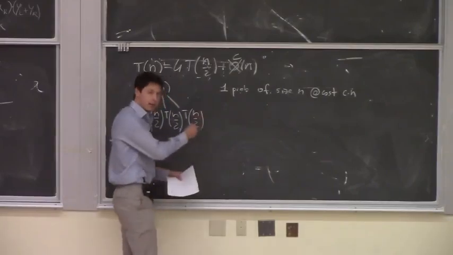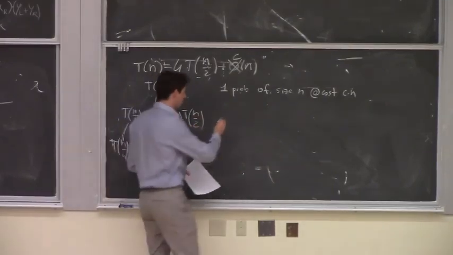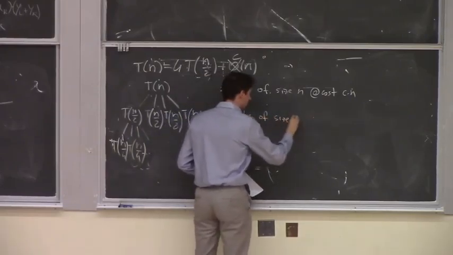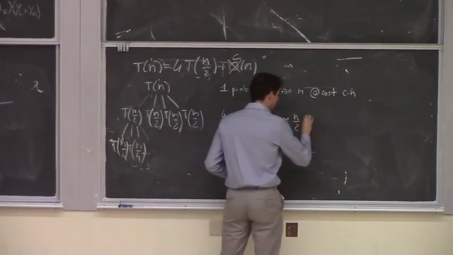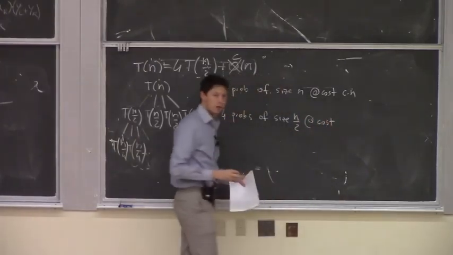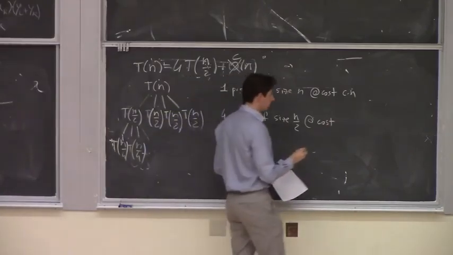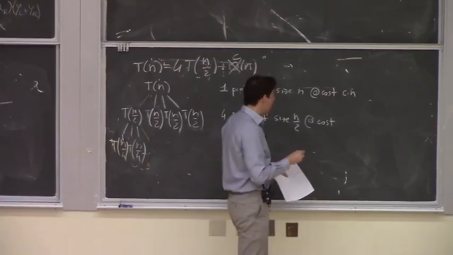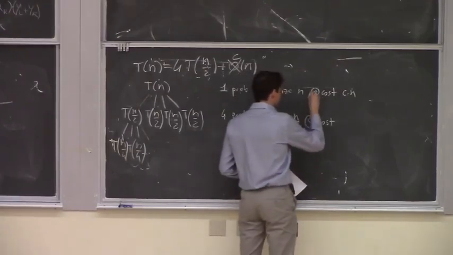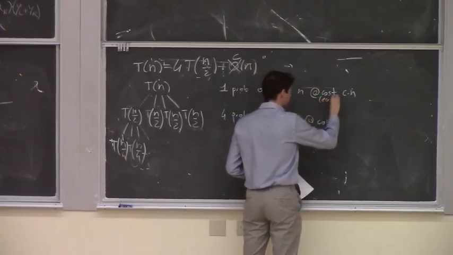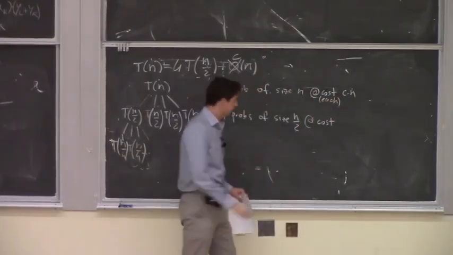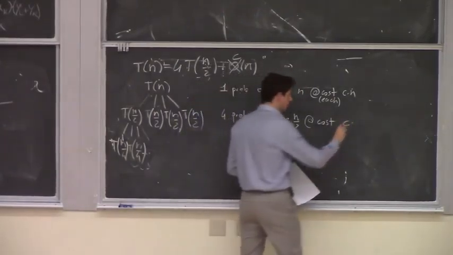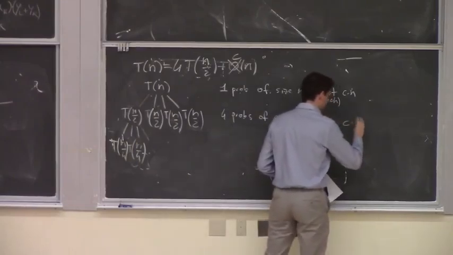How many problems do we have in the next layer of the tree? 4 problems of size n over 2. What's the cost? Each one costs c times whatever the problem size is, so c n over 2.